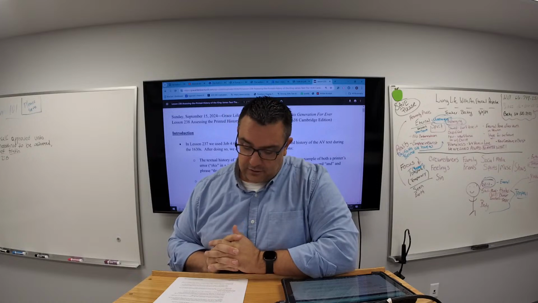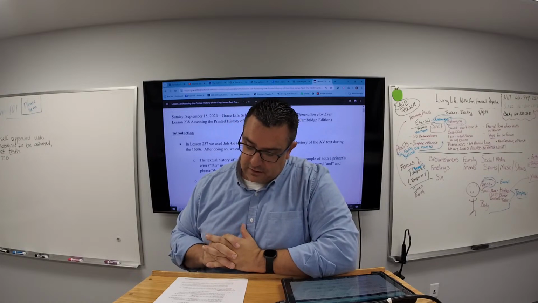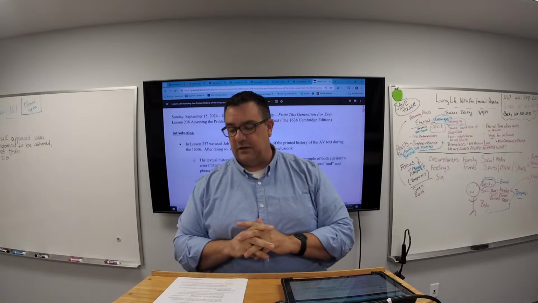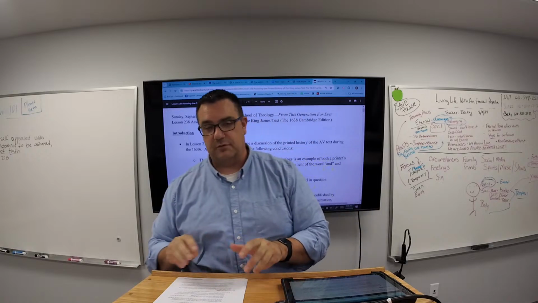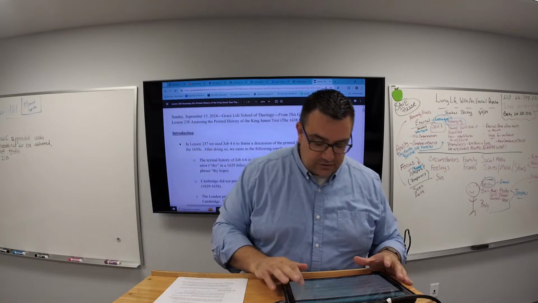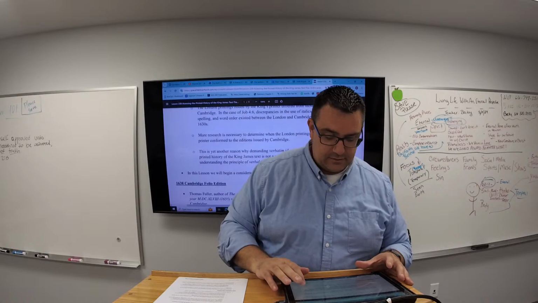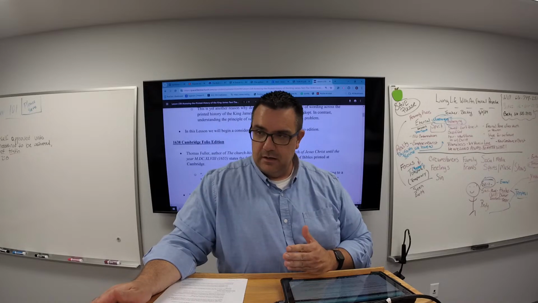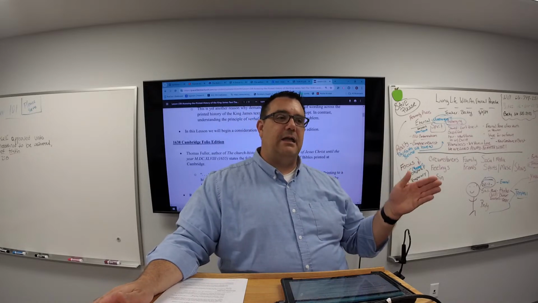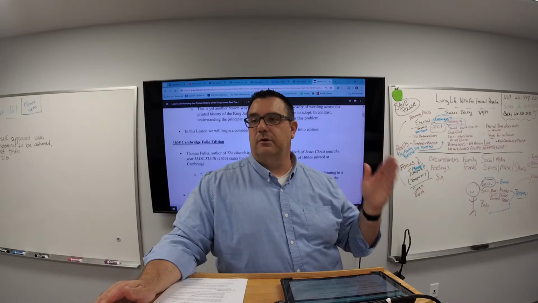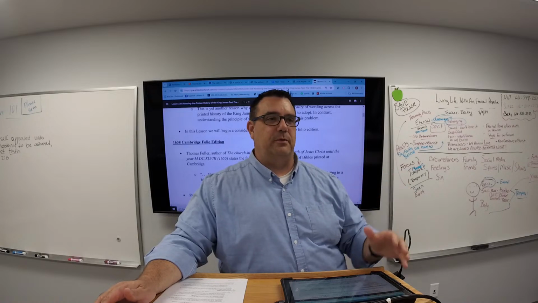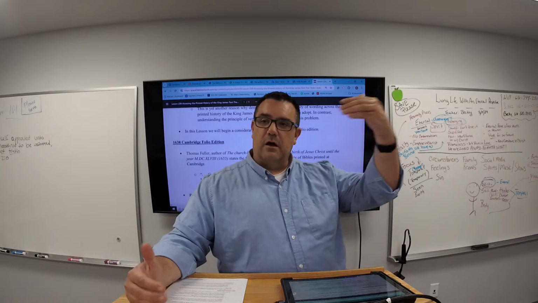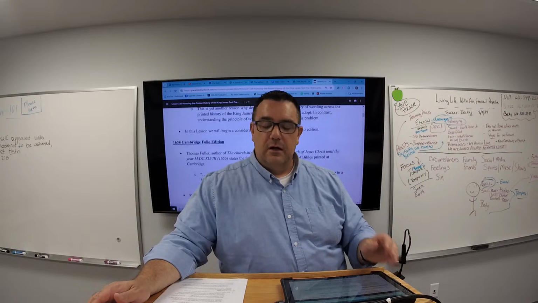So in this lesson, we will begin a consideration of the 1638 Cambridge folio edition. So let me just say a word about that before we get right into this, okay? It has historically been the case that people that have been tracking these things viewed the folio editions as sort of the flagship editions. Those were the largest ones that were printed.